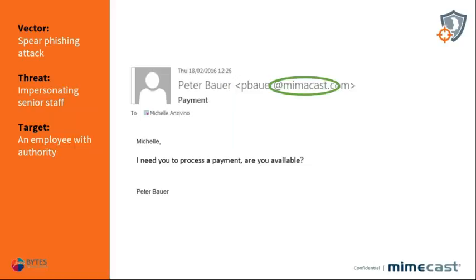The person who set up this particular dupe, and these are all live examples, was watching it, set up Mimecast.com as a domain, P. Bauer as a registered email user within that domain, and sent an email through pretending to be him to Michelle. She did nothing else other than update her LinkedIn profile, and within 2 weeks this attack had happened.